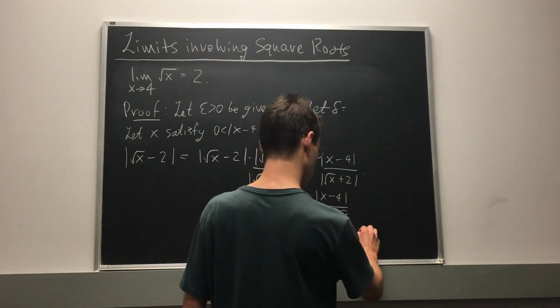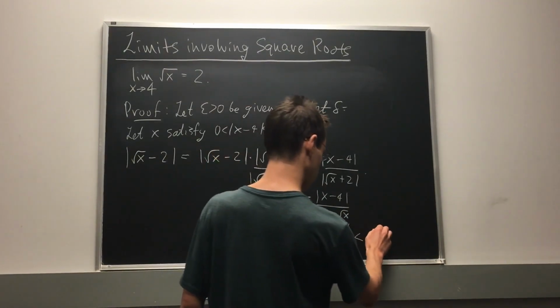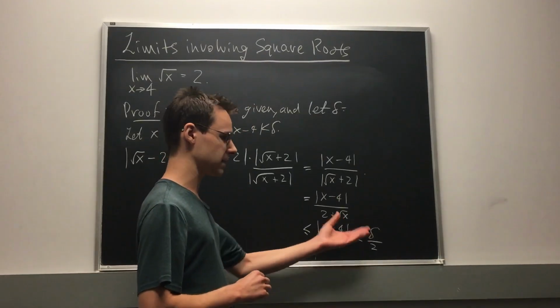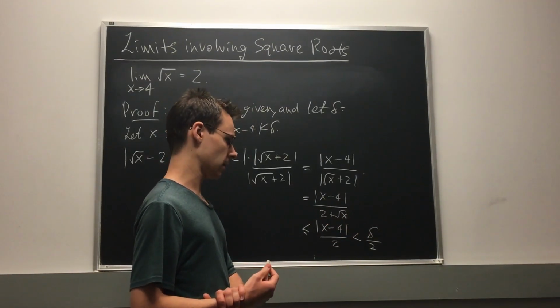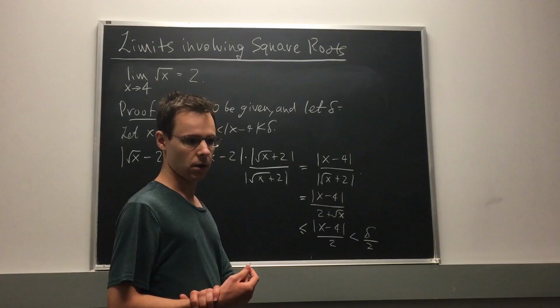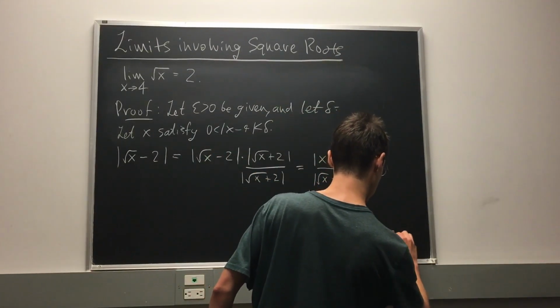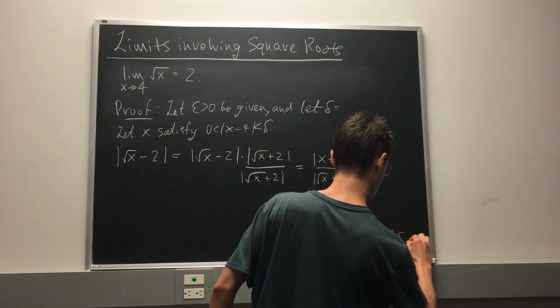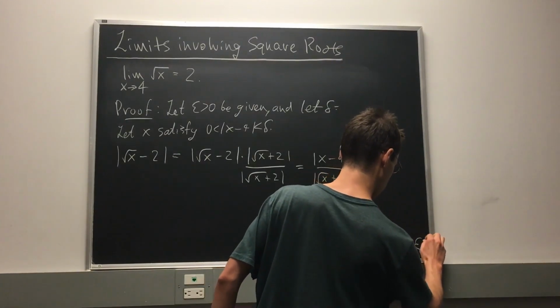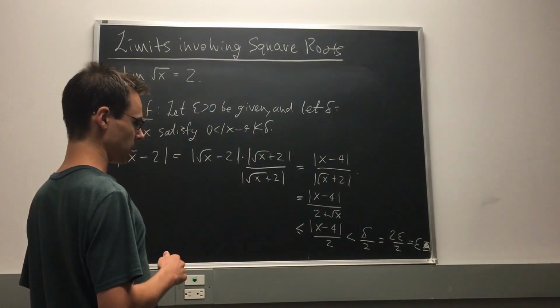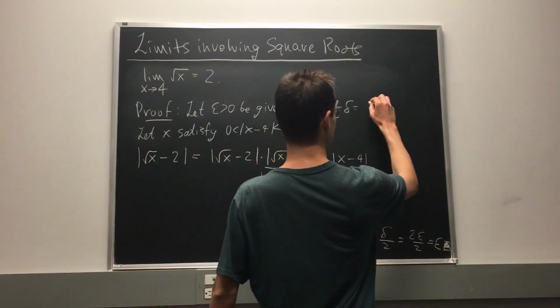Okay? So we can replace the numerator now with delta. So we have delta over 2, and now we can set that equal to epsilon. So what does delta have to be? 2 times epsilon. So this is equal to 2 times epsilon over 2, which is epsilon. Proof is done. And what must our delta be? 2 epsilon.